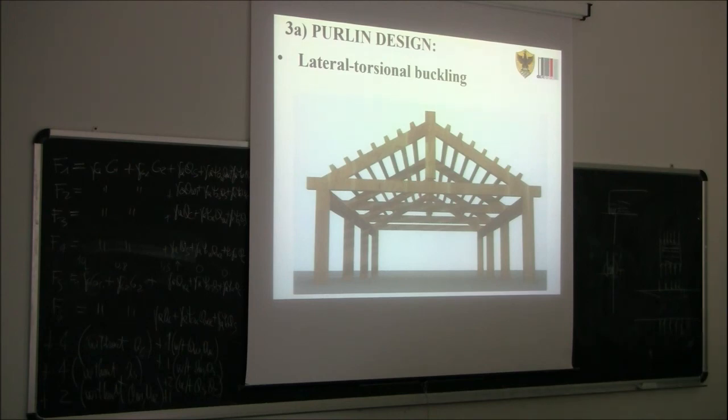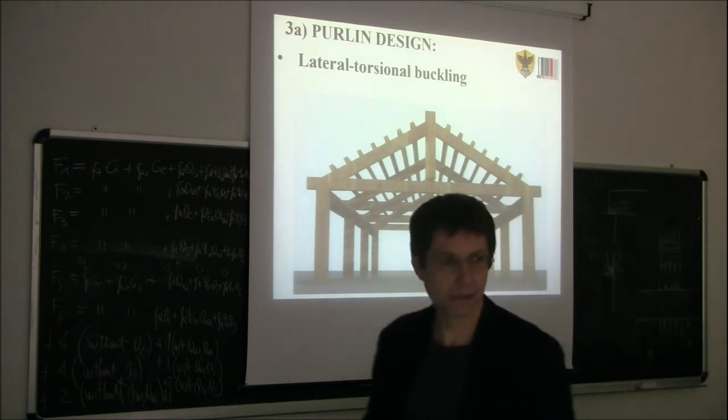By having this layer of boards, one single layer above here, is it enough to say that this upper fiber of the purlin is restrained against lateral movement? Maybe not. Why not?